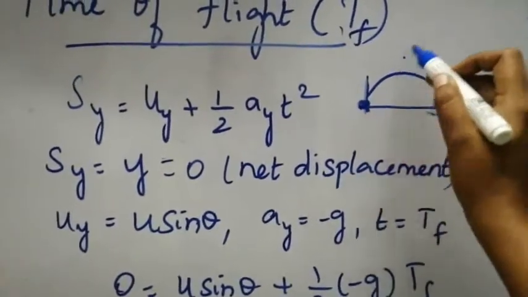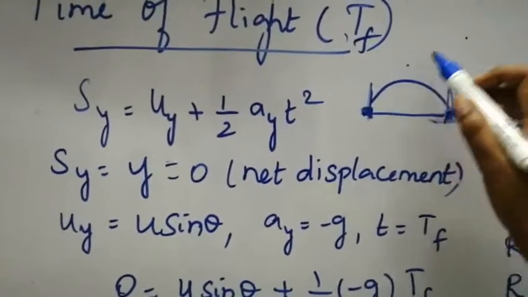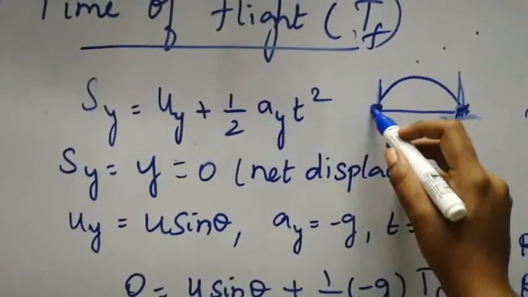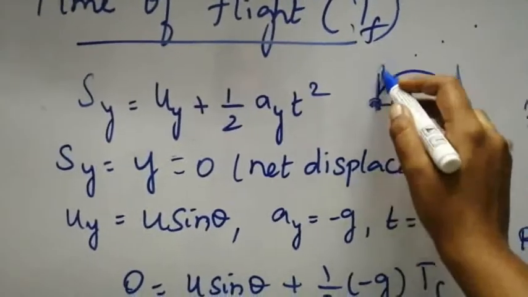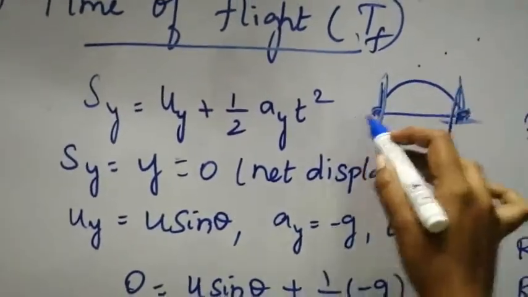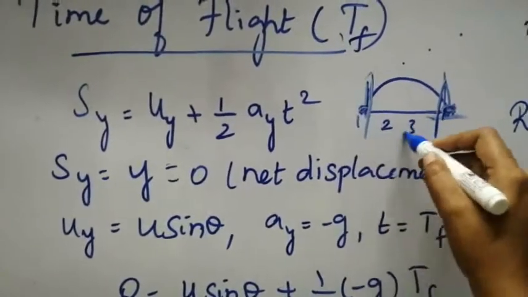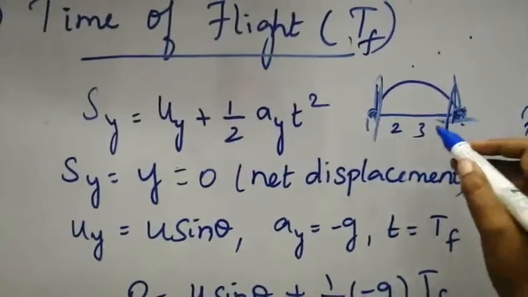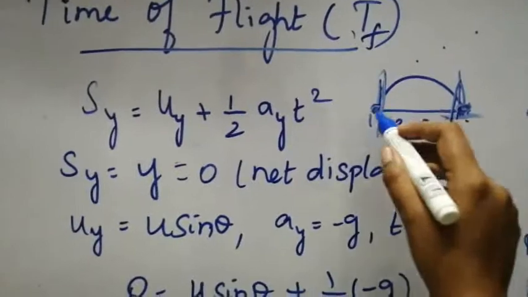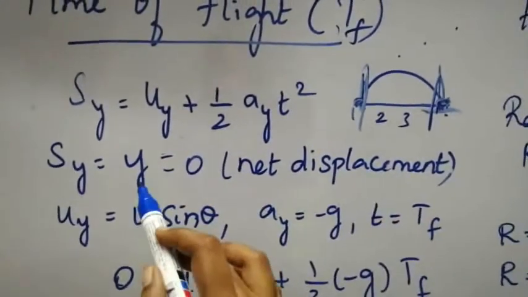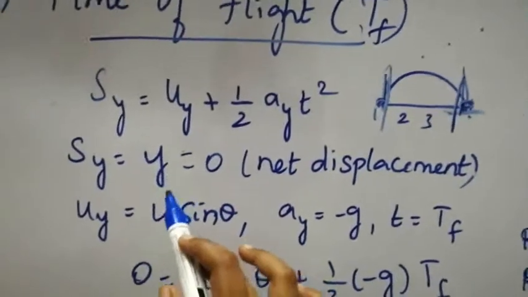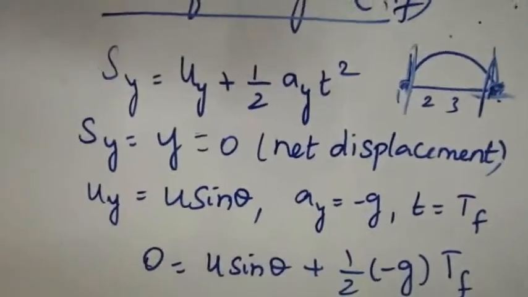If the point is somewhere here, you will have a y value, but here the y value for this point is also the same, and for this point it is also the same. See, in the y direction, the x value alone gets different, but the y value is the same. So the net displacement along the vertical direction, y alone, is 0.